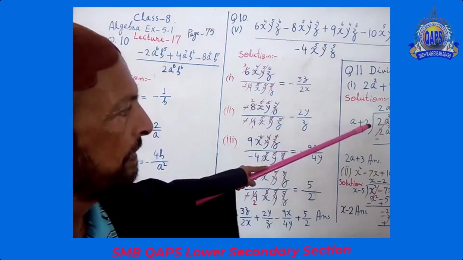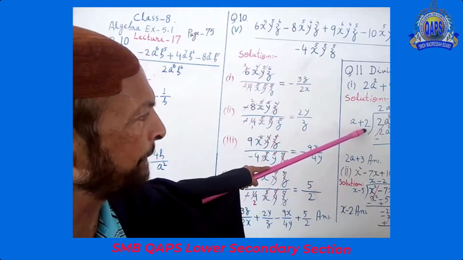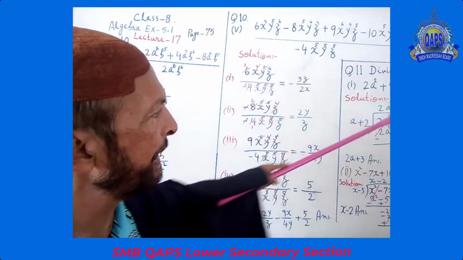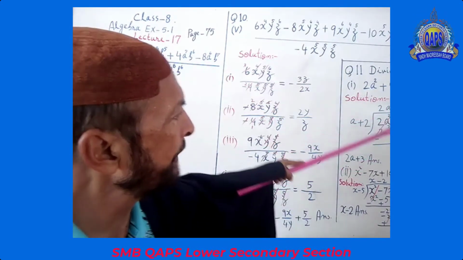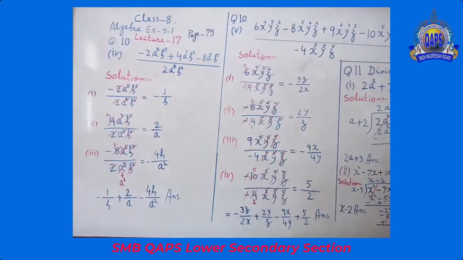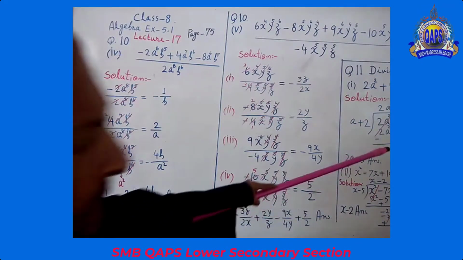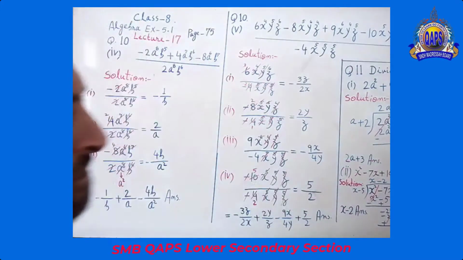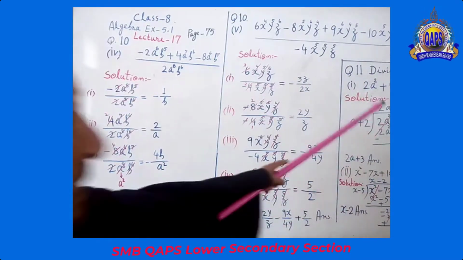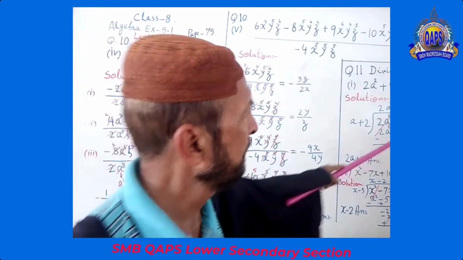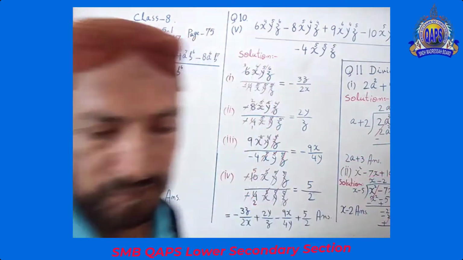Plus, this is 2, so multiply this 2 by this 2a. Plus, 2 to the 4, a. Division, change the sign, minus. Cancel. 7a minus 4a, 3a. This 6 will come over here.